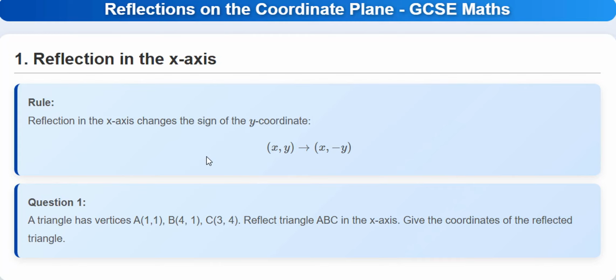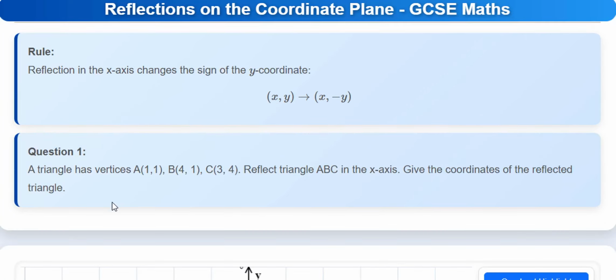For example, if you are told to reflect a triangle which has vertices A, B, and C with these coordinates, all the y coordinates will change to negative, but the x ones will remain the same. So this is the rule for reflecting a figure on the x-axis.